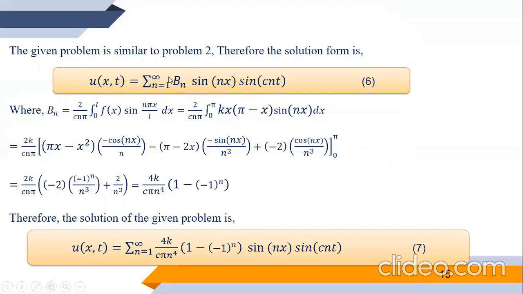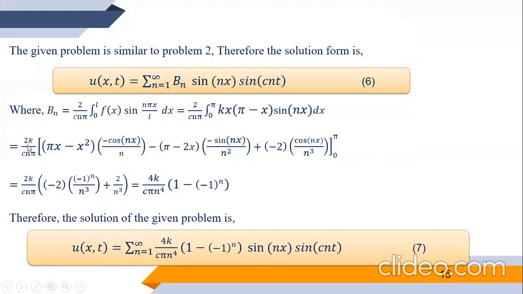So bn is equal to 2 upon cn pi, integral 0 to L, f(x) sin(n pi x by L) dx. So 2 upon cn pi, length is pi, so 0 to pi, kx(pi minus x) is f(x), sin(n pi x by L), L is pi, so pi cancels, sin(nx) dx.